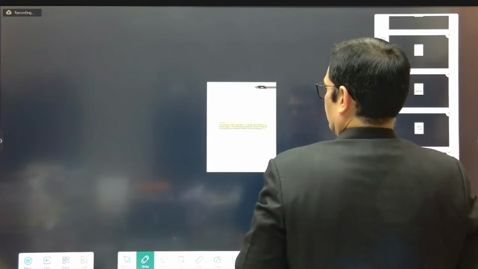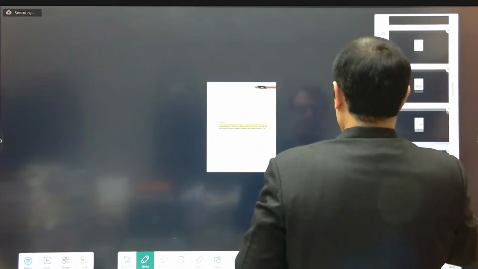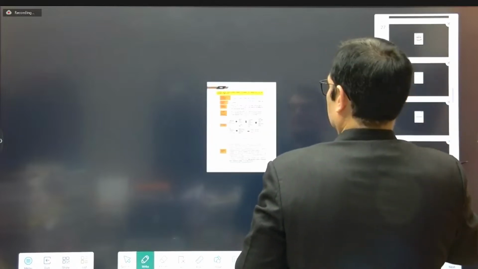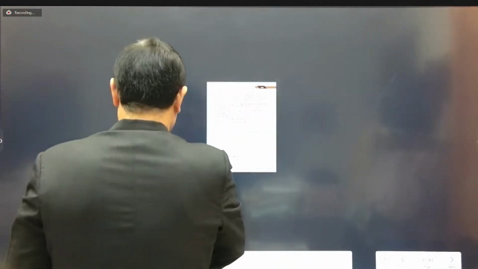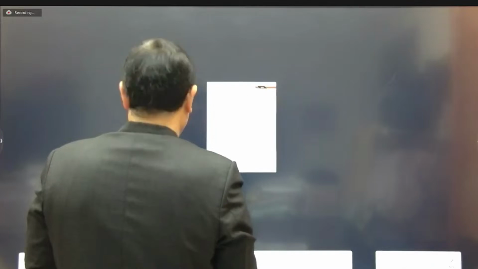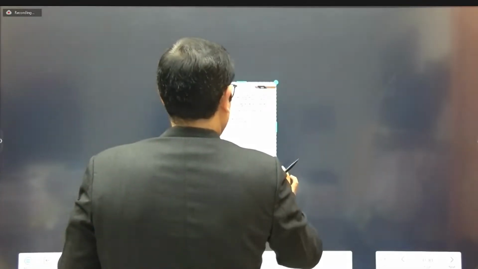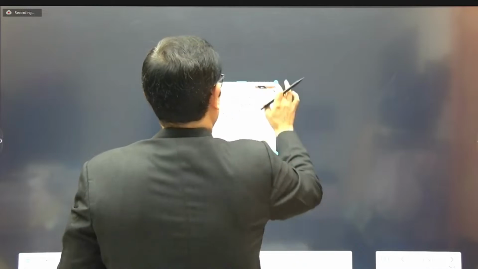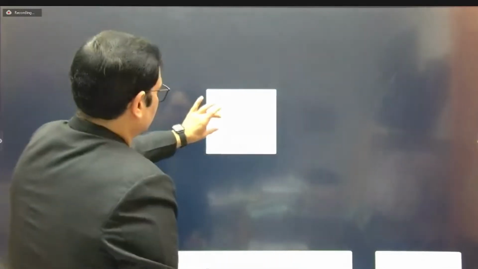Okay, so I think the first question, what we're doing is there is an illustration in the study material, and that is illustration number 27. So we've got illustration number 27, which is there. Let me just crop this a bit so that you are able to see the complete picture. Okay, let me just zoom it a bit.